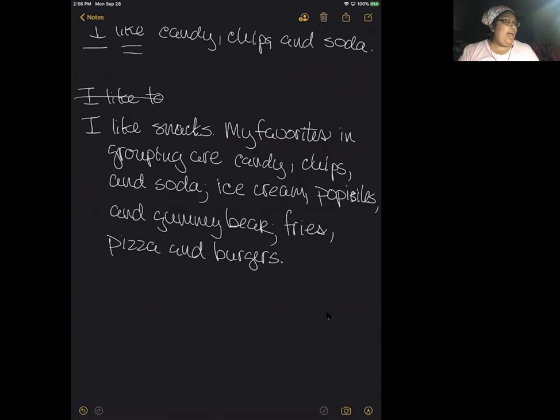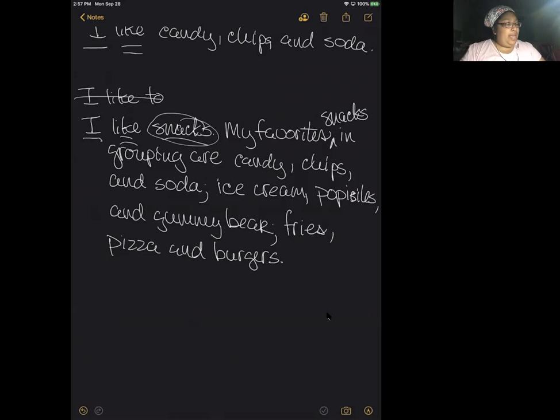Okay, so you have, "I like snacks." Full sentence, yay! "My favorite snacks, in grouping, are candy, chips, and soda," all one group.